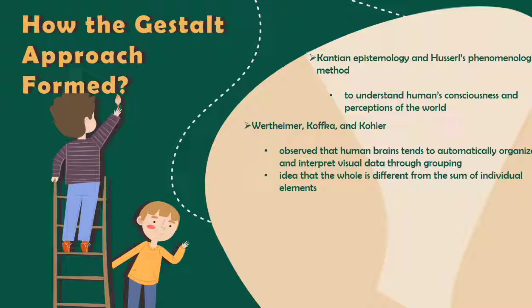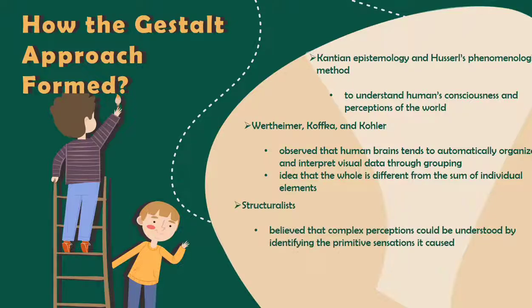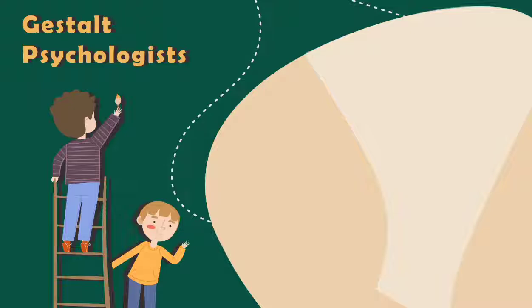Similarly, the Gestalt researchers Wertheimer, Koffka, and Köhler observed that the human brain tends to automatically organize and interpret visual data through grouping. They also theorized that because of those mental shortcuts, the perception of the whole is different from the sum of individual elements.